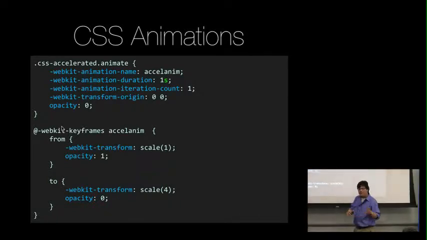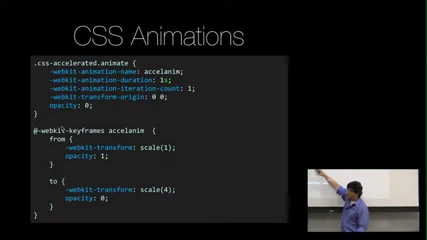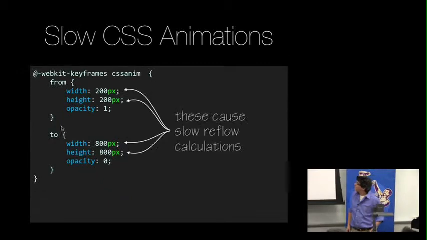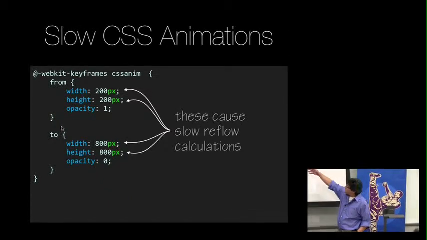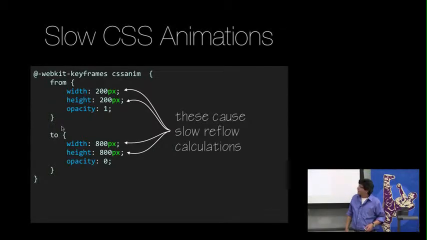The properties apply to both. But the main thing is that we are transforming with WebKit transform and opacity. I'll get to what WebKit transform does, but basically you saw it in action. Scale, meaning we're making it bigger. Opacity, you can go from 1 to 0. And that really makes a big difference because changing width and height causes very slow reflow calculations.